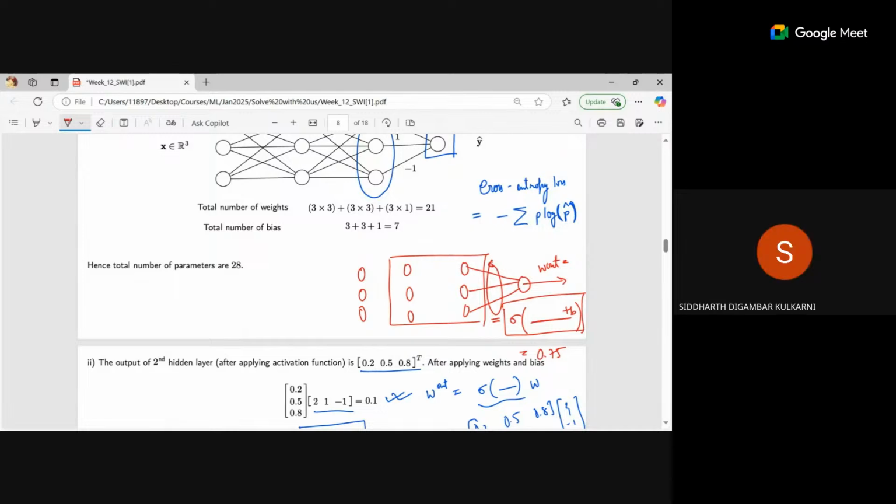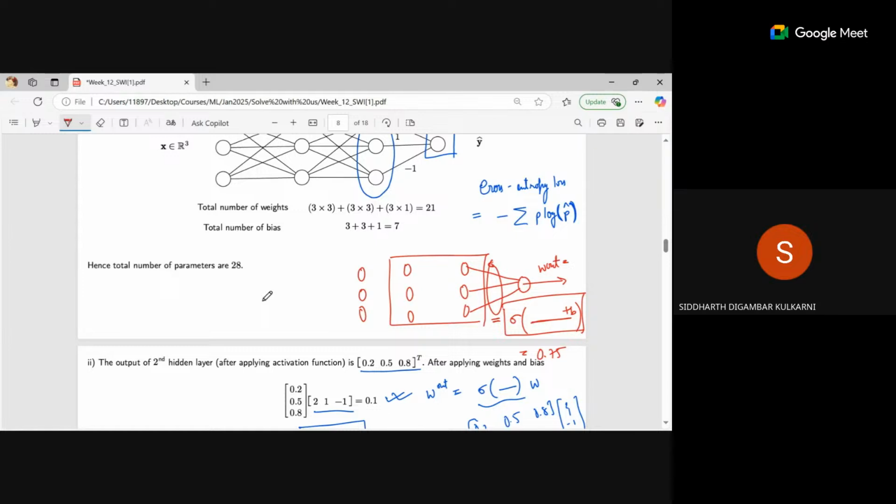Now, this label is either 1 or 0. And from the neural network, the predicted value you are getting is 0.75, the predicted probability.